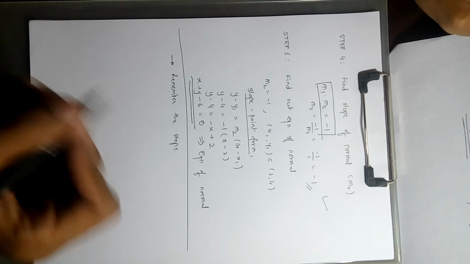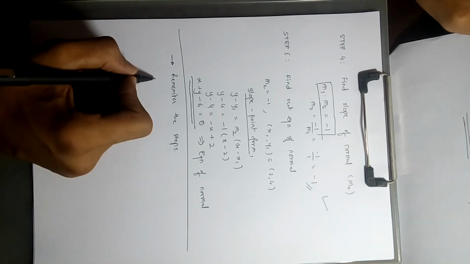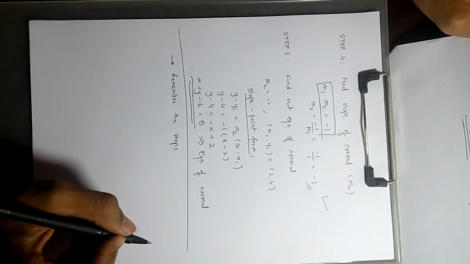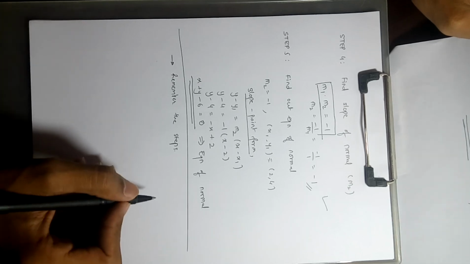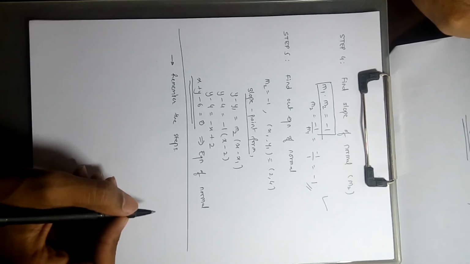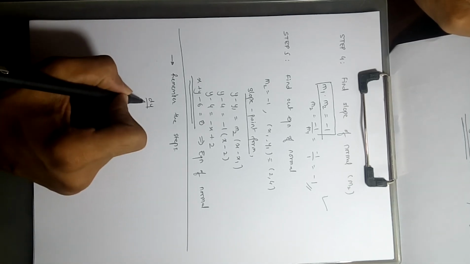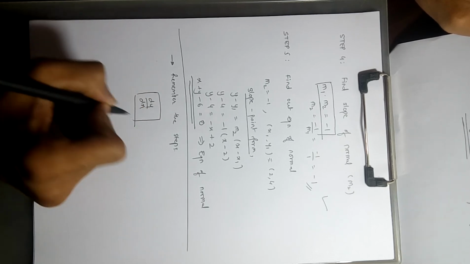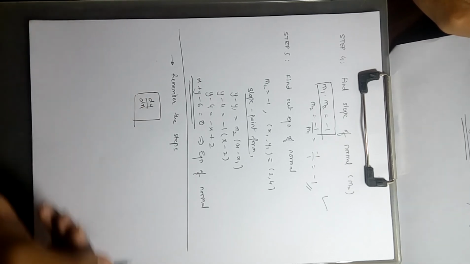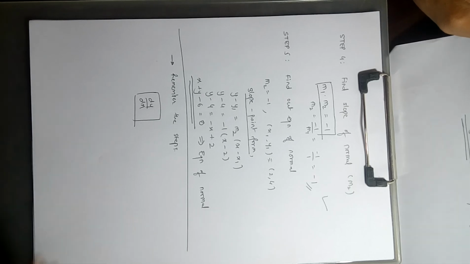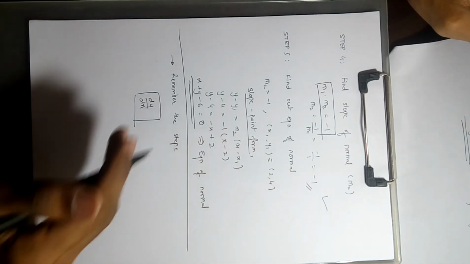Whatever the curve may be, if it's a hyperbola, parabola, circle, or any curve they give you, what you simply need to do is find out dy by dx, which will be the slope for the tangent. Then you find out the equation for the tangent, slope for the normal, equation for the normal. You follow these simple steps, you never get it wrong.